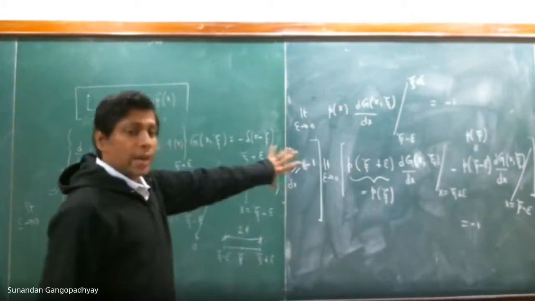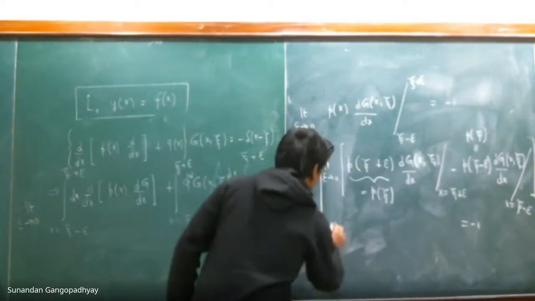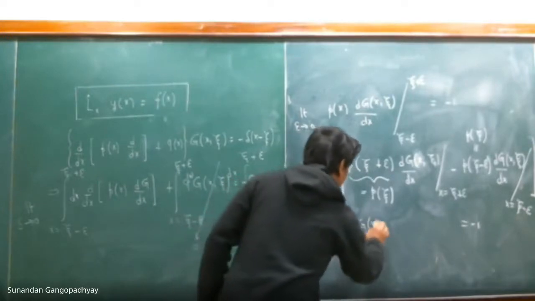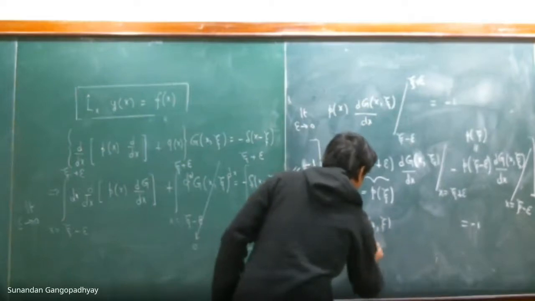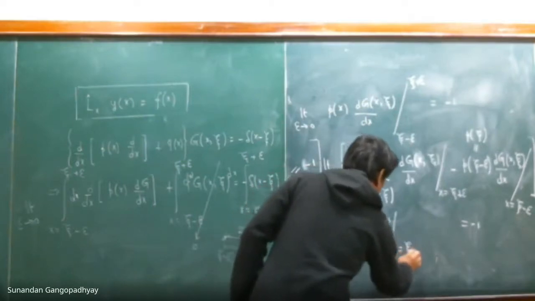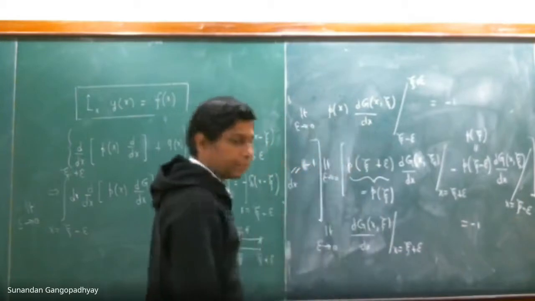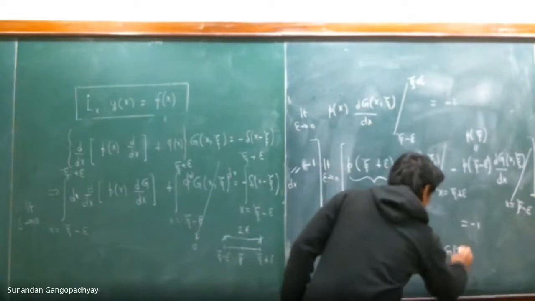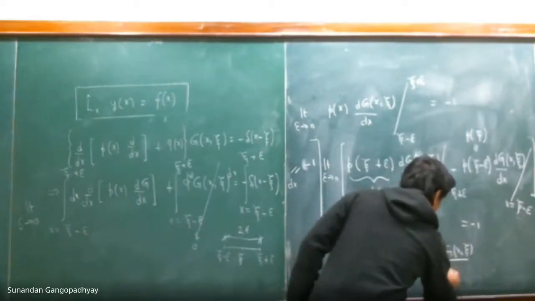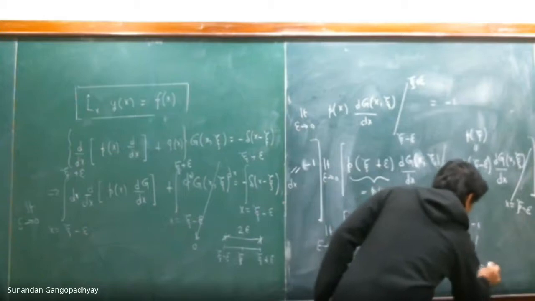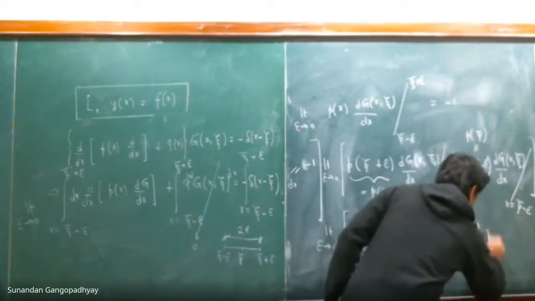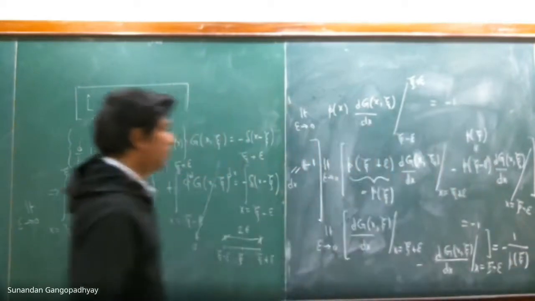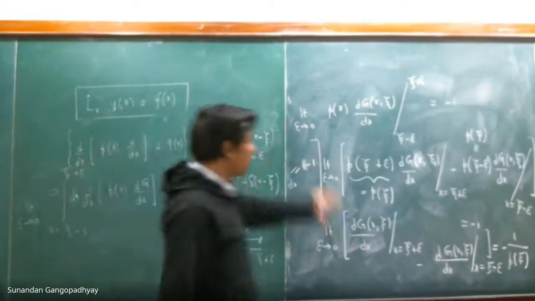You can take it on the other side, and this will give us the limit epsilon tending to 0 of dg(x, xi)/dx at x is equal to xi plus epsilon, minus dg(x, xi)/dx at x is equal to xi minus epsilon, equal to minus 1 by p of xi.